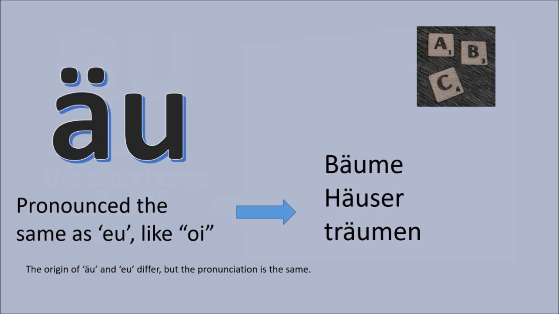You can see the origin because we've just had them in the AU slide. Baum, Haus, Traum. So Baum is one tree, Bäume is more than one tree. So the Oi sound has really got to be the A umlaut and not an EU because it doesn't come from Bäum, it comes from Baum.